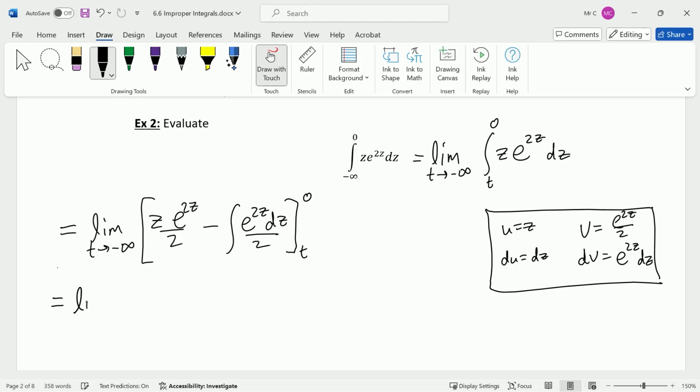So this gives me the limit as t goes to negative infinity of z e to the 2z over 2 minus e to the 2z over 4, evaluated from t to 0.